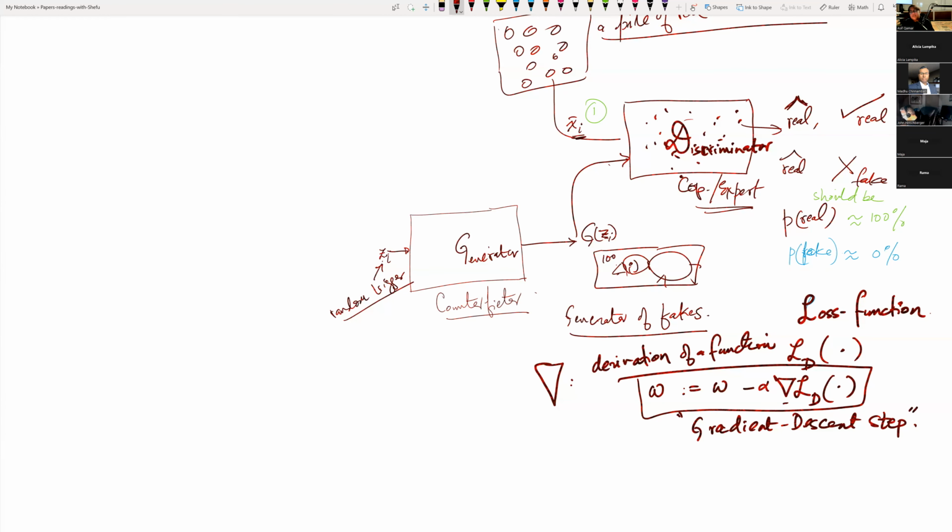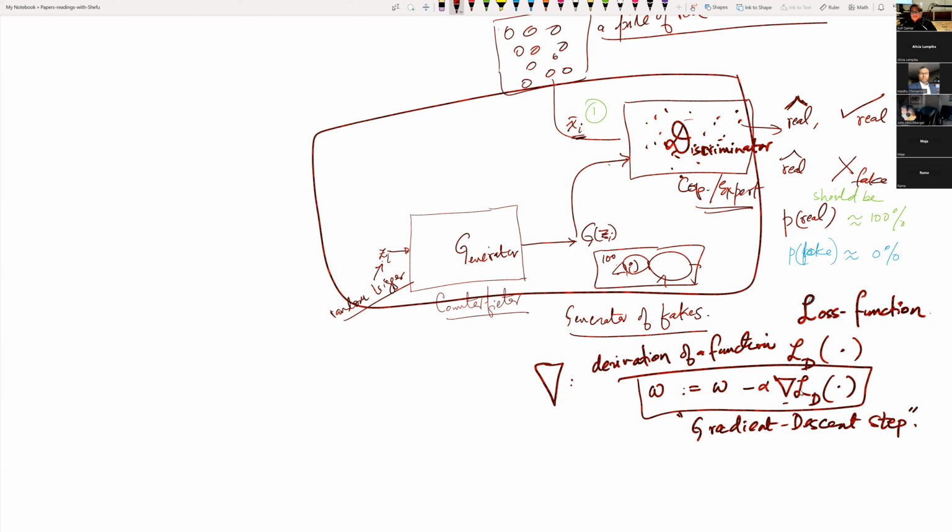And this combination of generator and discriminator, when you put them together, there is a word for it. This kind of neural architecture has a name. It is called, and now the name would look very obvious to you, it is called, oh goodness, let me pick another color, generative adversarial networks.